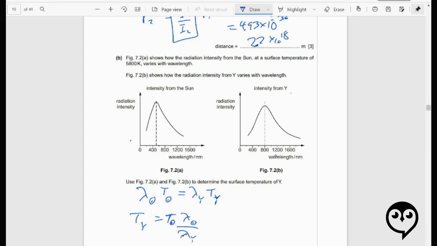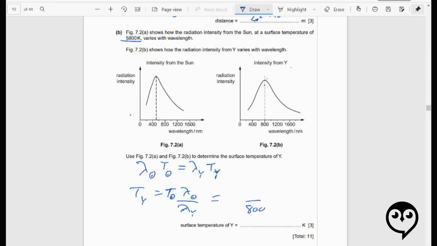Now, it's 800 for Y. So that's fine. Okay. Surface temperature of the sun is what? 5,000, 6,000? It tells us right here 5,800. I was going to guess 6,000, but that's fine. Put that number they give us in, and then we've got to get what do we think? This is 600 here. Shall we say 500?